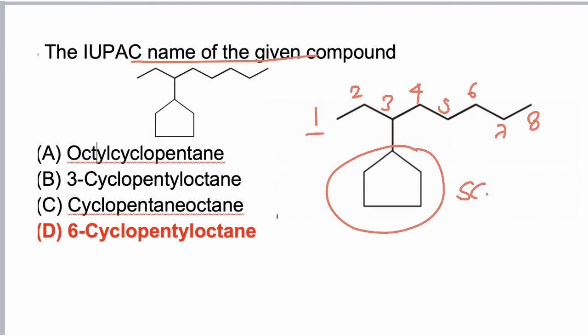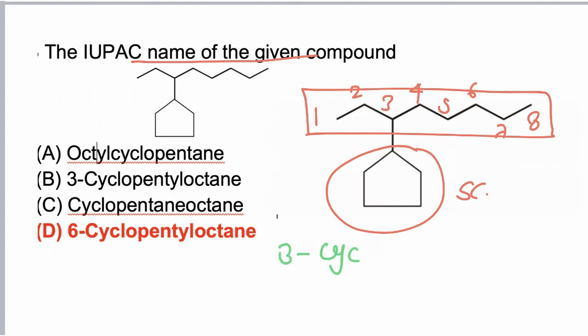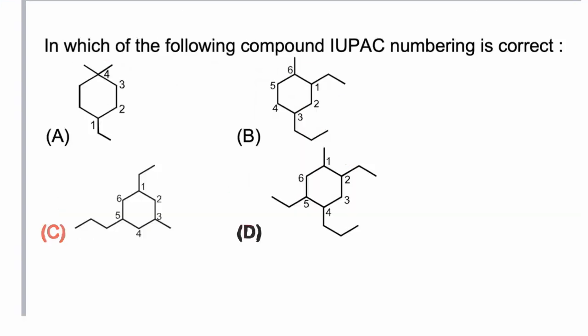So the principal chain is 8 carbon, 1-ene, and at the third position a cyclopentyl group is present. Cyclopentyl. So a total of 8 carbon atoms are present, so octane. Now we have to follow the lowest set of locants rule. 6-cyclopentyl. So if numbering is done from the multiple bond, in which of the following compounds is the numbering 4, 5 and 6 correct?